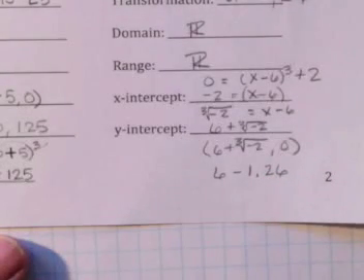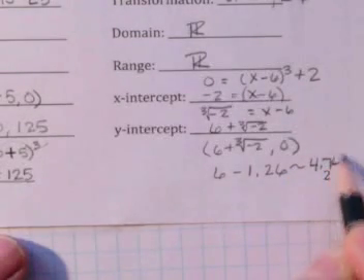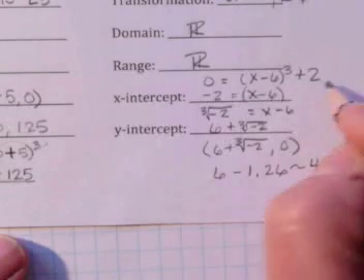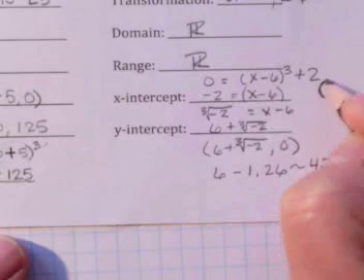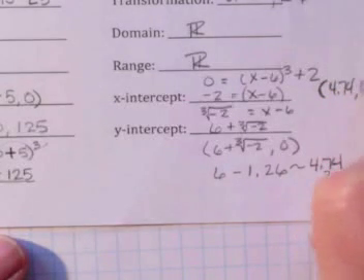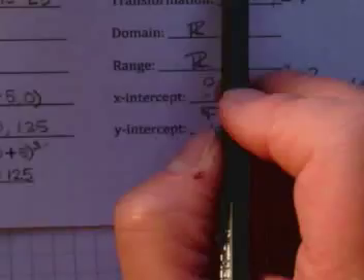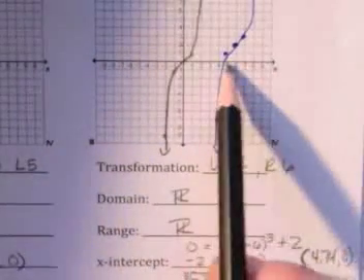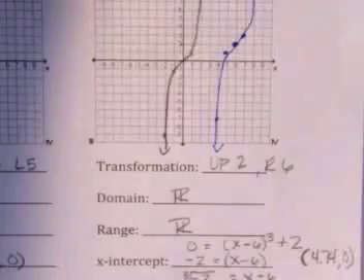So I'm going to take 6 and subtract 1.26, and I get approximately 4.74. So if I wanted to list my x-intercept, I would say my x-intercept is at approximately 4.74, 0. And if you look at our graph, it shows an x-intercept that looks like it's about at 4.74.